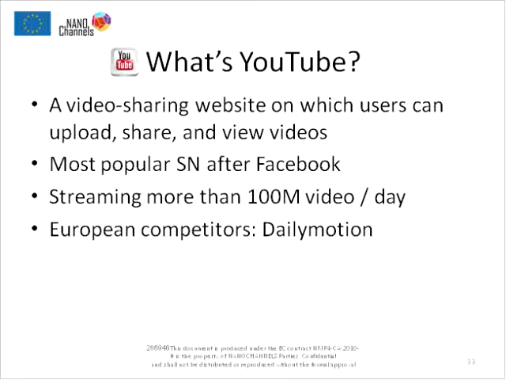It's the most popular social network around the world after Facebook, and it's streaming more than 100 million videos a day. That's an extreme amount of videos and users, of course. It has a very noted European competitor. It's called Dailymotion, and it's been a competitor for a few years.